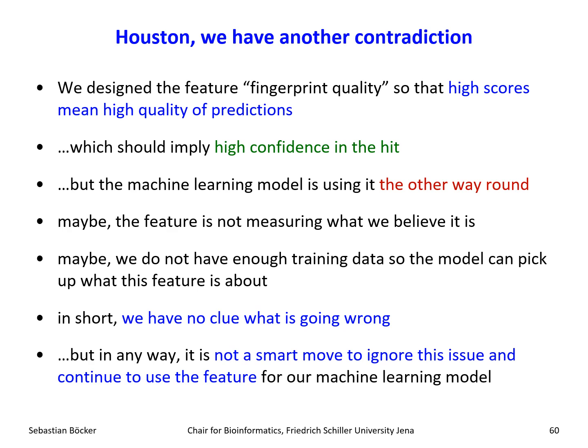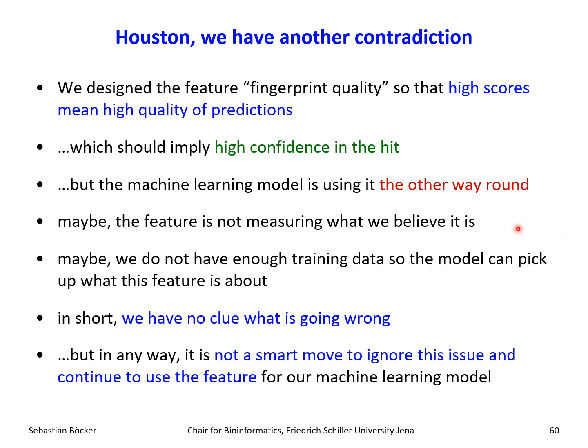So a high value of this measure should also indicate high confidence. That's the way we made it. But the machine learning model decided to use it in exactly the other way. So high confidence in the fingerprint means low confidence in the hit. How is that possible?